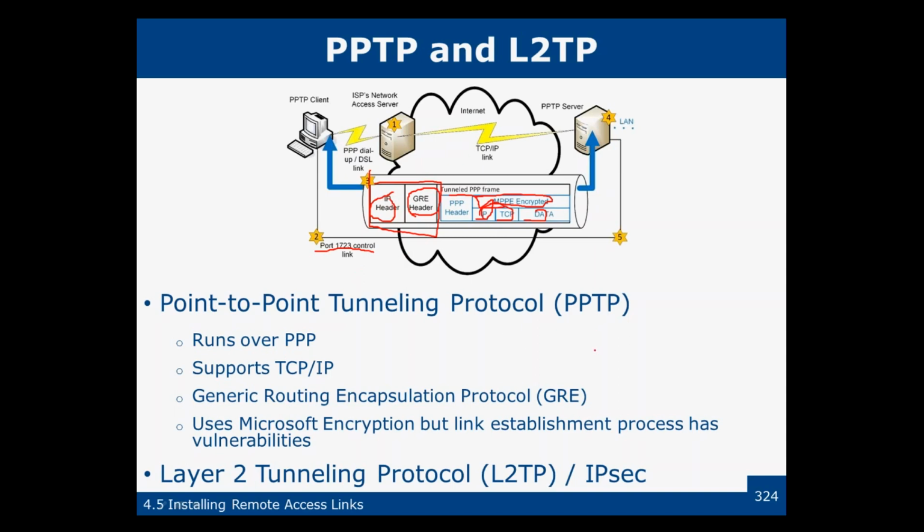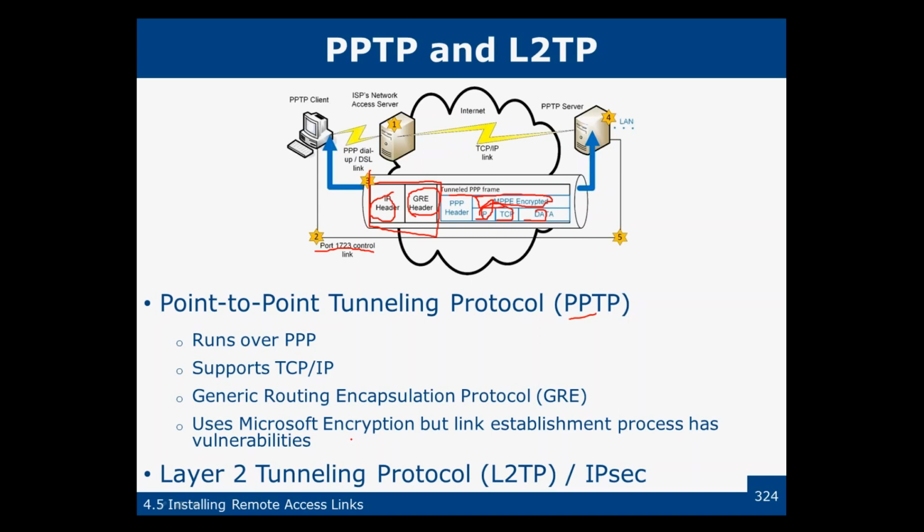So point-to-point tunneling protocol runs over PPP, point-to-point protocol, supports TCP/IP and generic routing encapsulation, couldn't remember what the E stood for, and uses Microsoft encryption, but the link establishment process has some vulnerabilities.